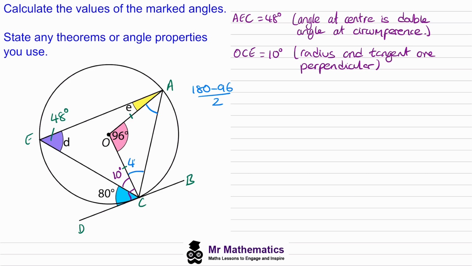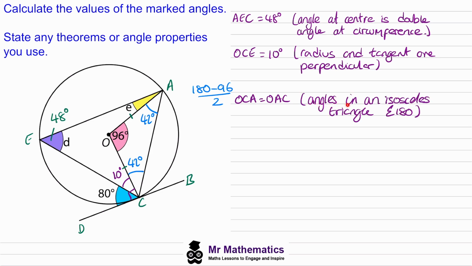And this works out as 42 degrees each. What we'll say is that O to C to A is equal to O to A to C. Can you see these two paths here and here? Because angles in an isosceles triangle have a sum of 180 degrees.